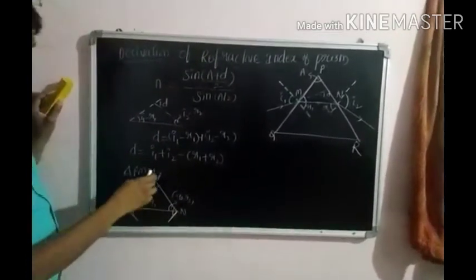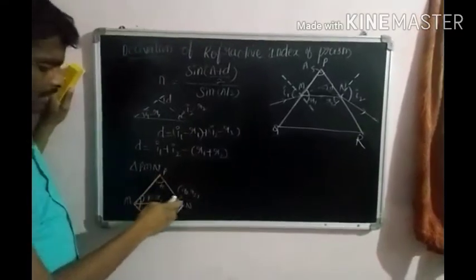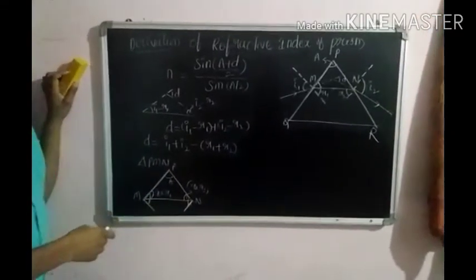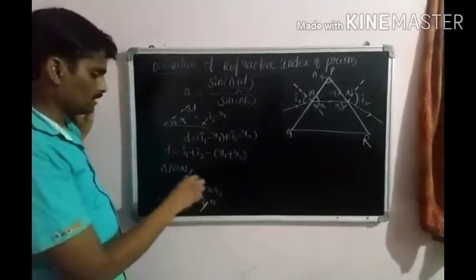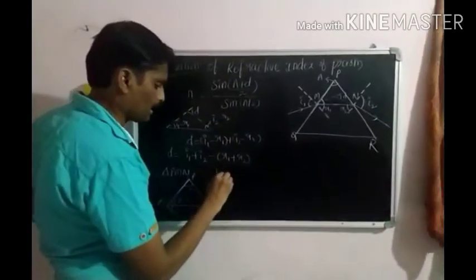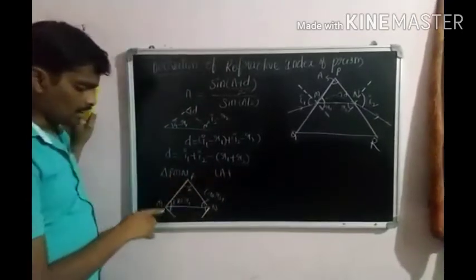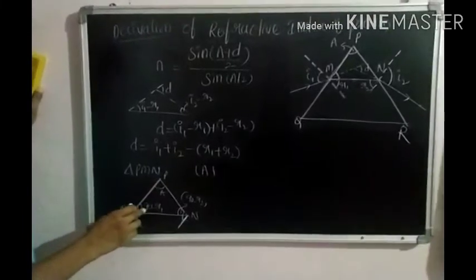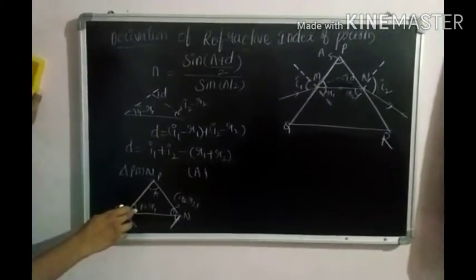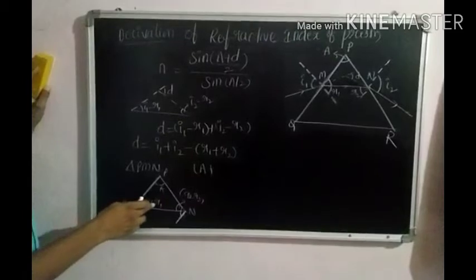In this triangle P, M, N, we know that the sum of three angles is equal to 180 degrees. So I am taking angle A plus this angle plus this angle. The total angle is 90 degrees, and this angle is R1, so this angle becomes 90 minus R1.